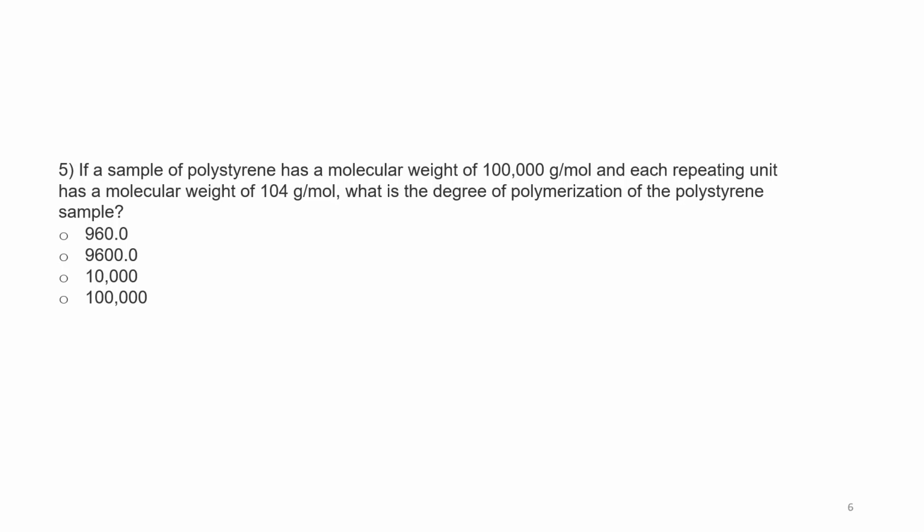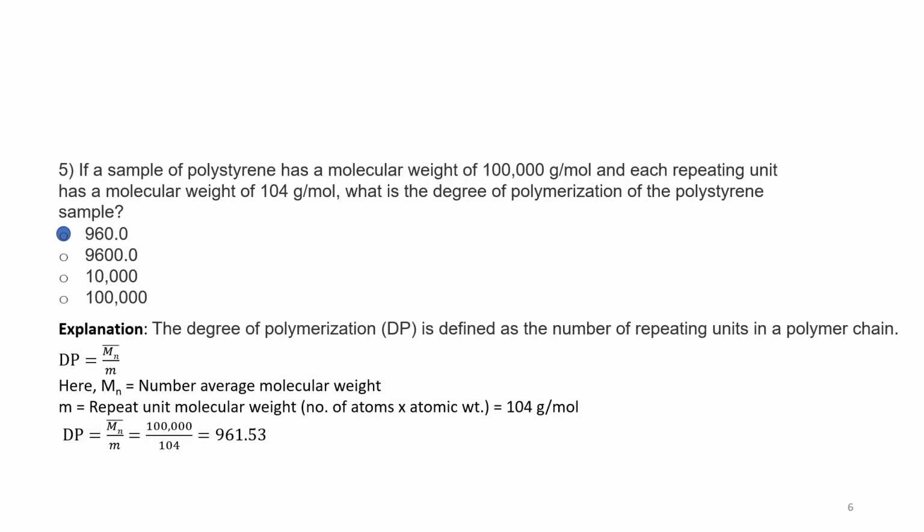So for degree of polymerization, you just have to divide 100,000 by 104 and you'll get the correct answer, 960. This is the definition of degree of polymerization. It can be defined as the number of repeating units in a polymer chain. So Mn upon M, where Mn is the number average molecular weight and M is the repeating unit molecular weight. So this will be 960.